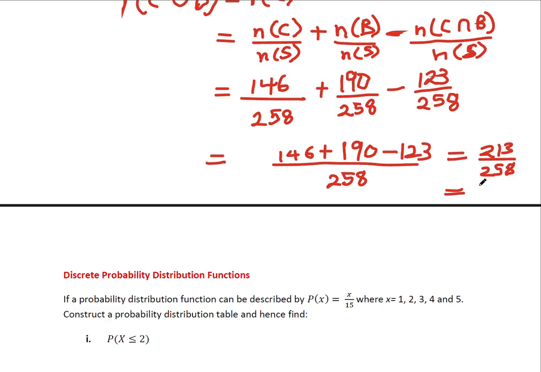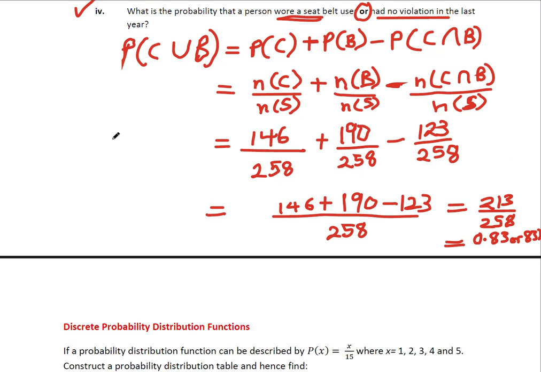And 213 divided by 258 here, rounded to two decimal places, is going to be 0.83. 0.83 is, of course, in percentage form, 83%. So what this answer means is that there's an 83% chance, right?